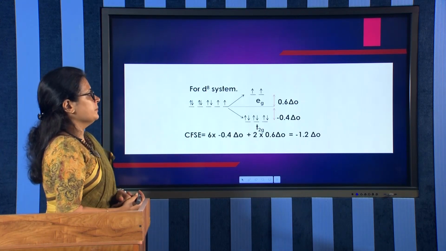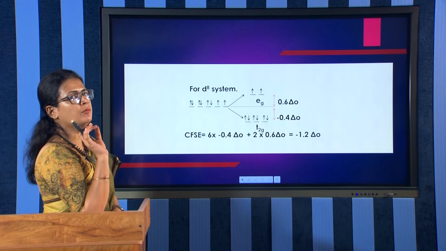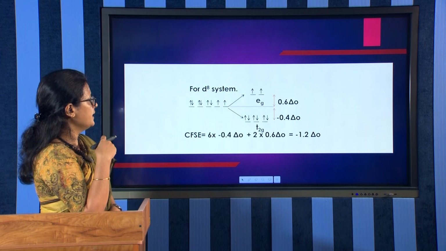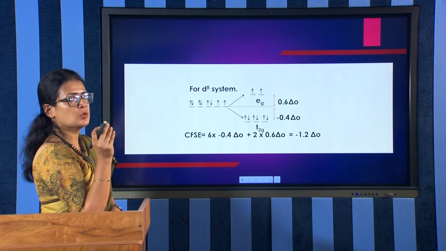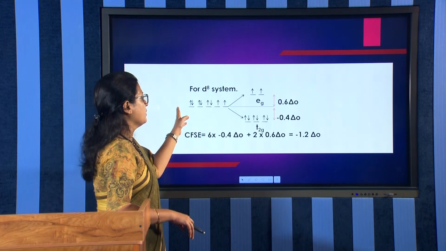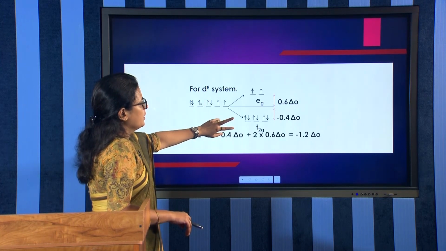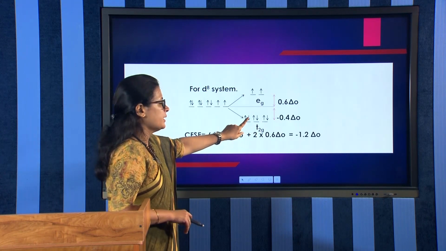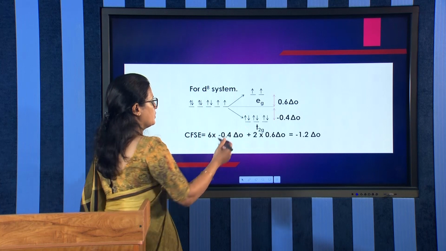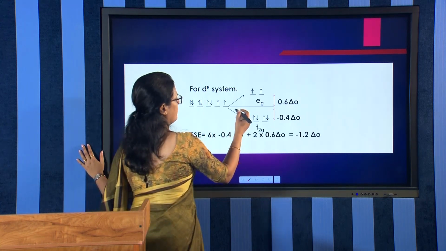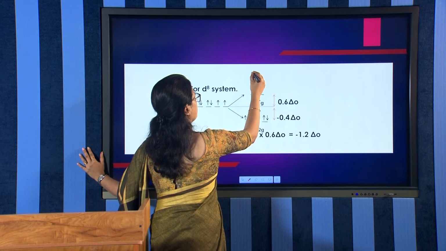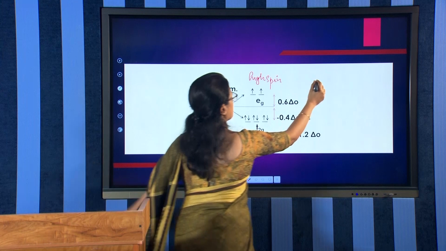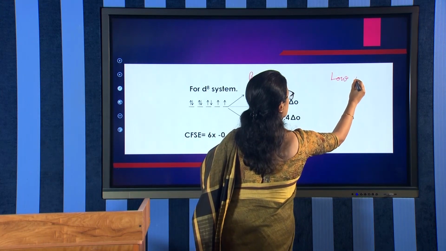And for the D8 system, we have only one possibility, no 2 cases are there. See, D8 system means how many D electrons? 8 D electrons are given here, and after splitting you can add the electrons 1, 2, 3. If we consider 2 cases, suppose this is case 1, which means we are high spin, and now consider case 2, low spin.